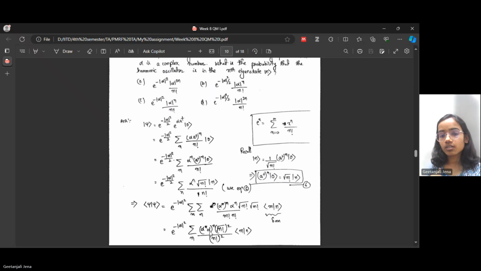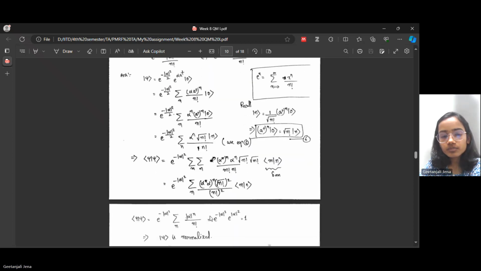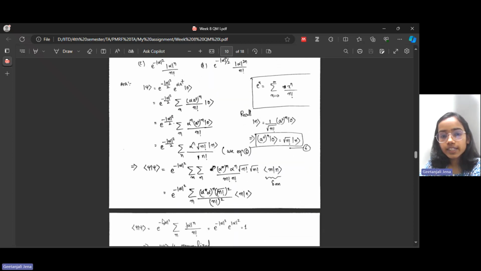This summation will give a non-zero value whenever the n are the same. Let's say if you are calculating for n equal to 2, then only the 2-2 inner product will be non-zero and the other terms are 0. So that means you will get <psi|psi> equal to e to power minus alpha square, summation of alpha to power n divided by n factorial.